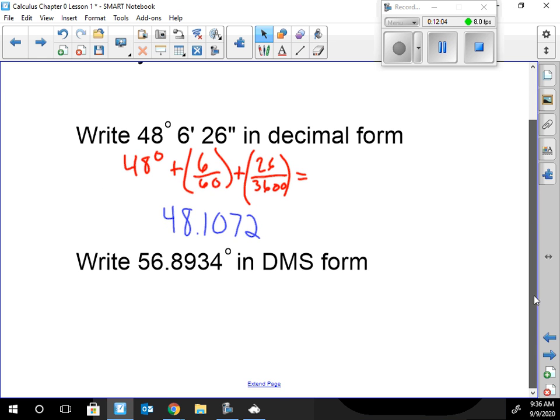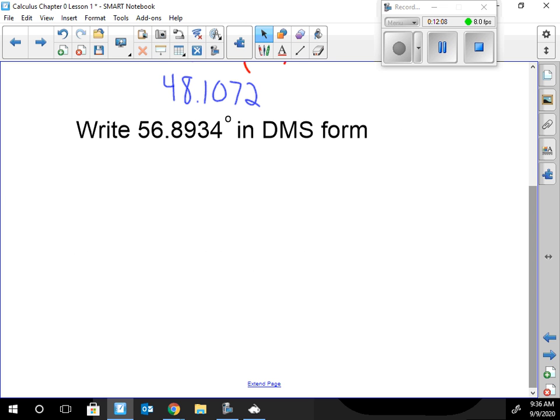Moving on to the next example. Do the same process for this one. So we have 56.8934 degrees. I'm going to separate it out. I'm going to do 56 plus 0.8934 times 60.